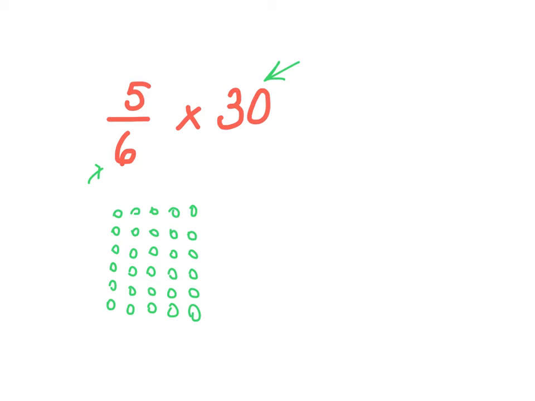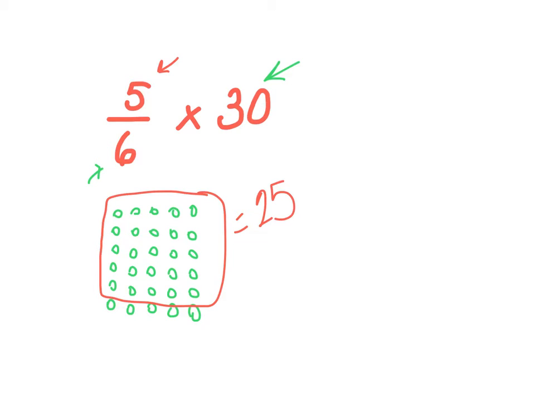And now I have 5 of those rows. So 1, 2, 3, 4, 5. And I have 25 total. So if I had 5/6 of 30, that means 25.